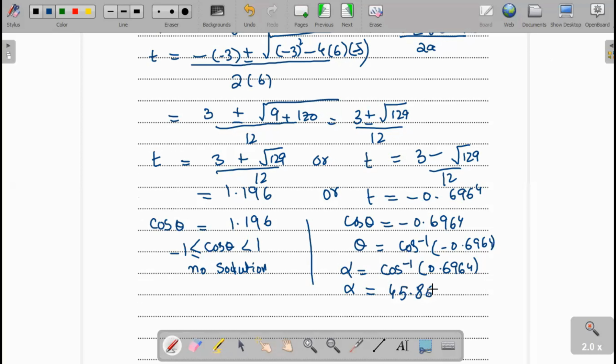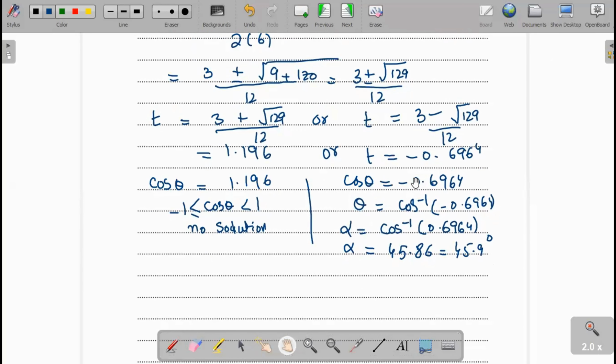45.86 degrees, and that is equal to 45 point. Now here theta will be equal to, so the negative of cos theta is in the second and third quadrant.